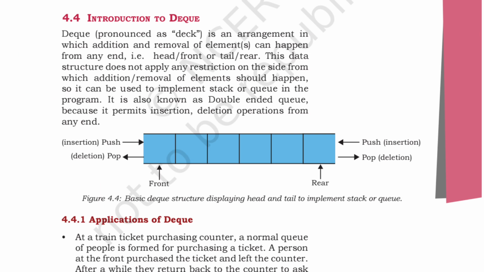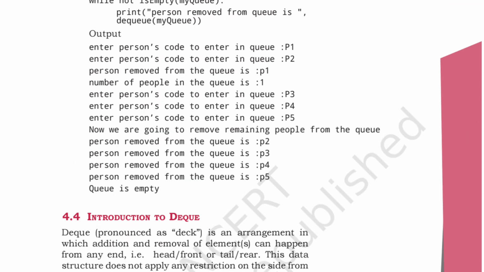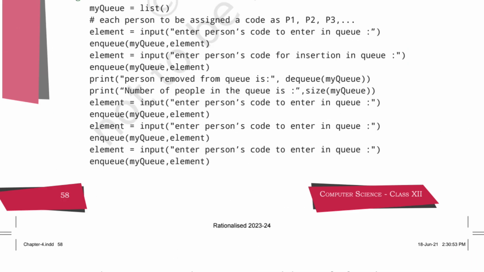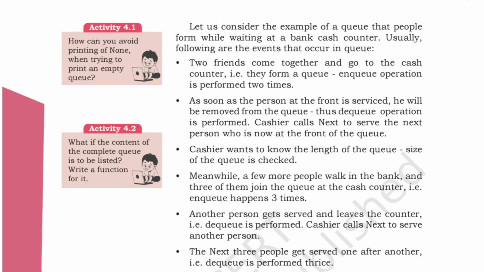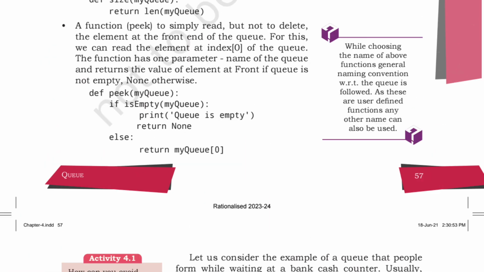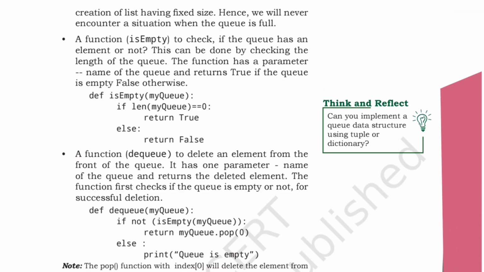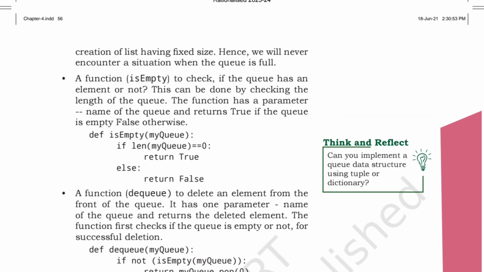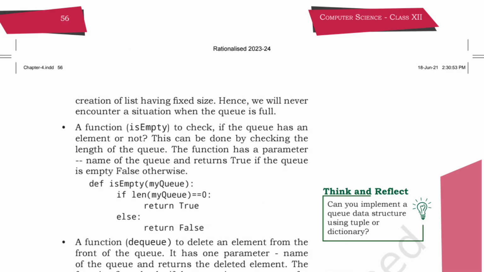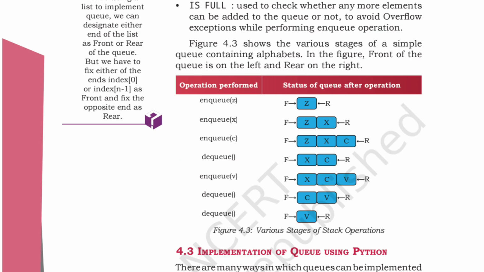I thought by mistake I taught something wrong about DQ and NQ, so you just have to invert it. In DQ, front and tail: you have to remember front is your head and tail is your rear.